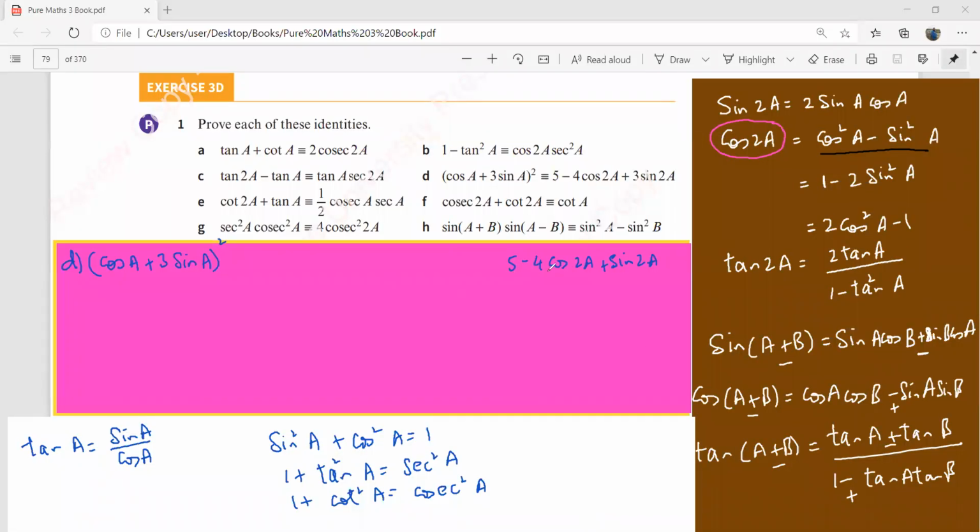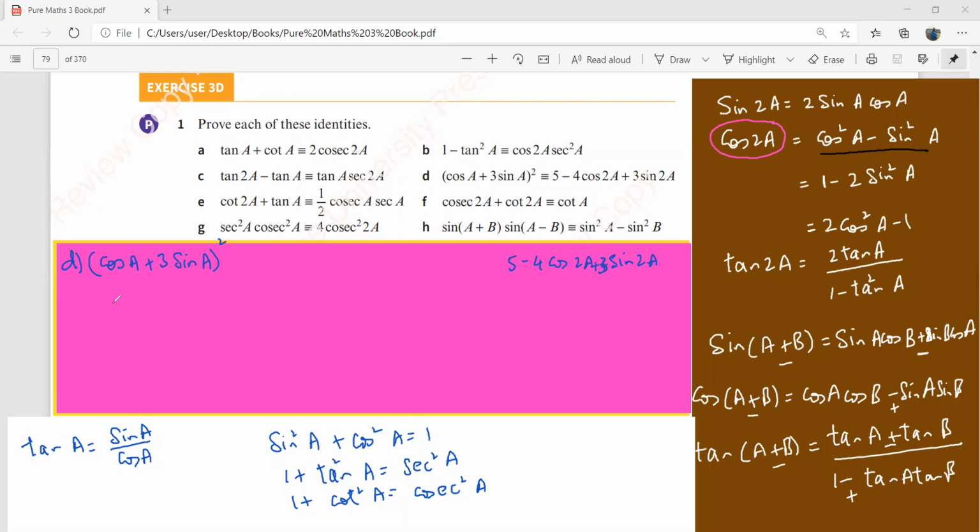I'm just writing the right hand side far away so that I can manage some space over here. Okay. So you see that there is 5 minus 4 cos 2a plus 3 sine 2a. If you look at this, your cos 2a can again be any of the three forms. And your sine 2a is 2 sine a cos a.